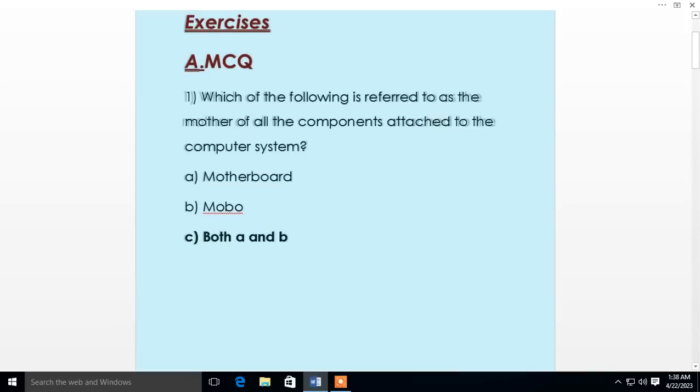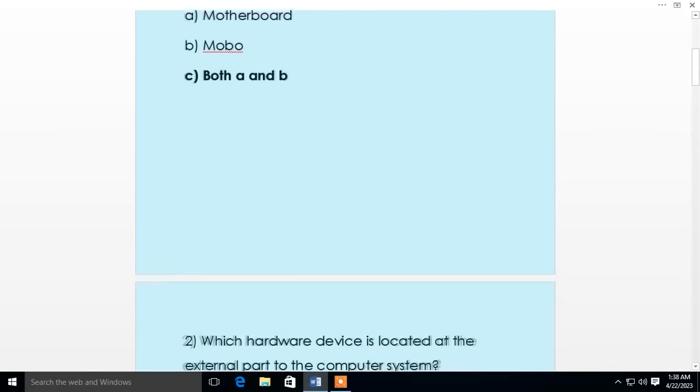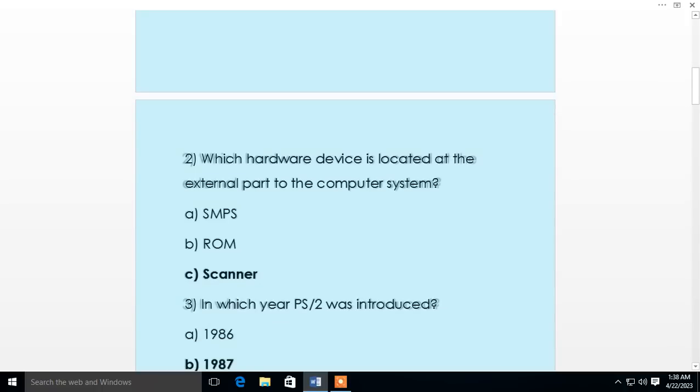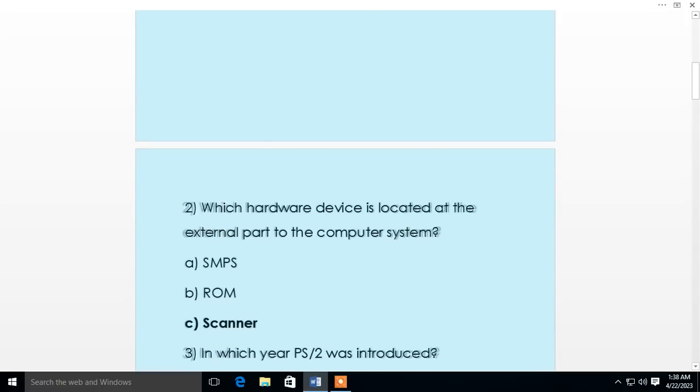Now coming to the next MCQ question: which hardware device is located at the external part of the computer system? You find the SMPS, which is inbuilt in the computer.